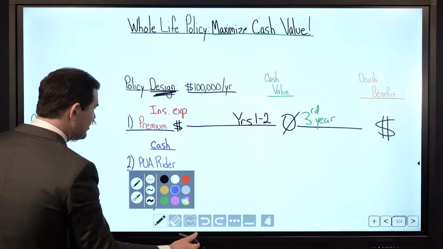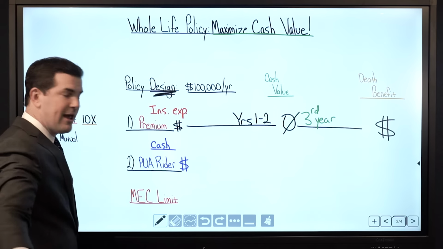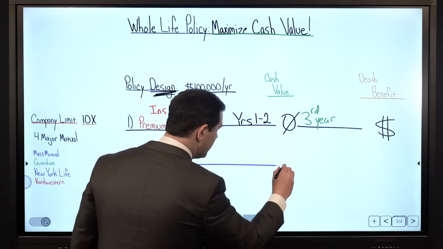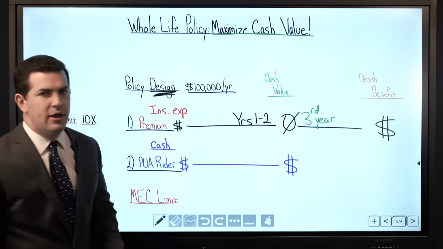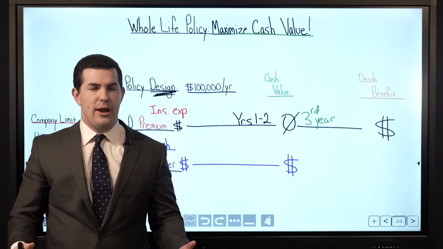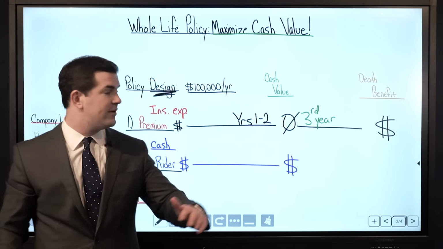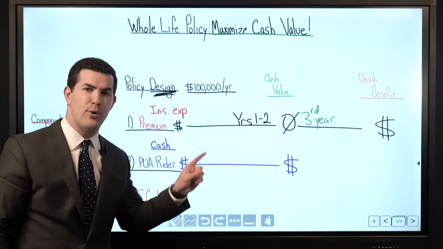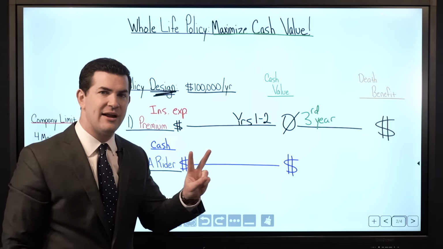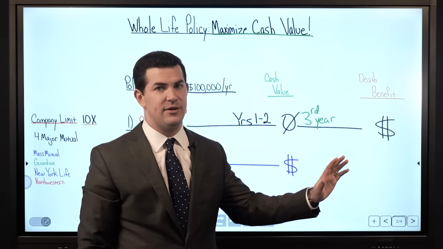Whereas these guys, this PUA rider, which I like to refer to as a cash dump-in, anything I pay in here, guess what? Shows up in cash value. That's money I can access right away. Begins to earn the guaranteed rate, begins to earn dividends. This is the key to maximizing the cash value, both on a guaranteed and non-guaranteed basis from day one and throughout the life of the policy.